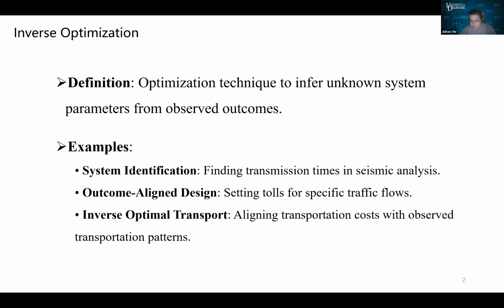For example, in system identification, we might use inverse optimization to estimate transmission times for seismic waves. When an earthquake occurs, the transmission time for seismic waves can tell us something about the unknown characteristics of the region they pass through.